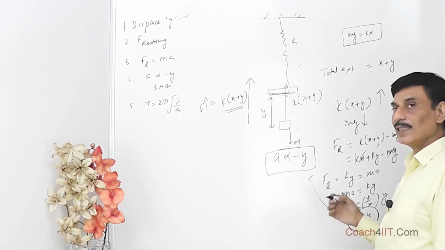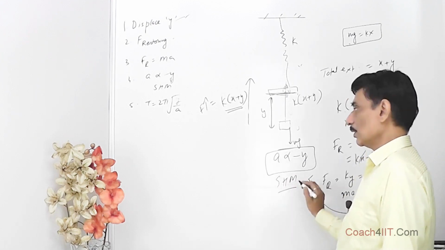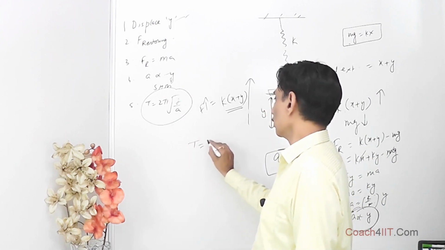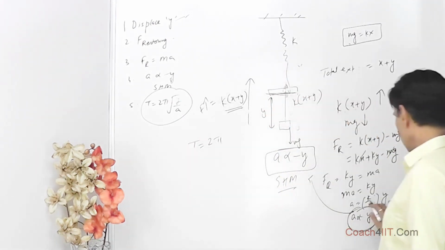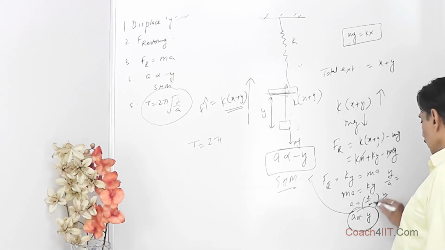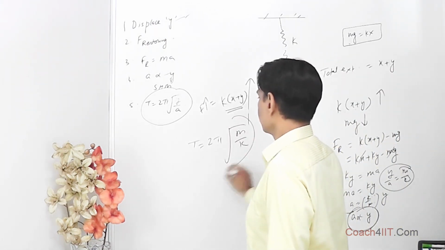This is the necessary and sufficient condition to prove that this is SHM. If this is SHM, we can use T equal to 2 pi root of y by a. y by a comes out to be m by k, so T comes out to be 2 pi root of m by k.